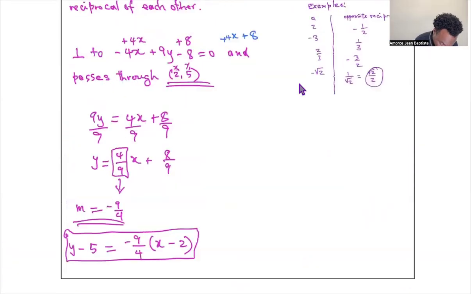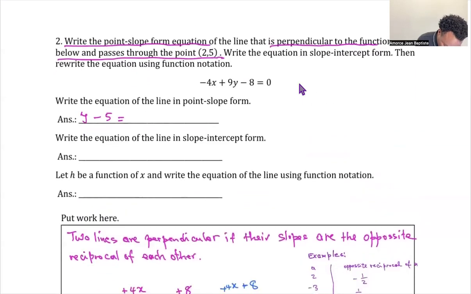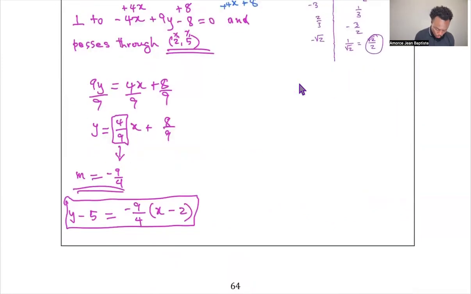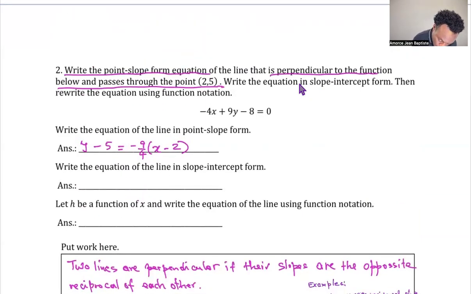So y minus 5 equals negative 9 over 4 x minus 2. So that is the point slope form. Next, they also want me to write this equation in slope-intercept form.